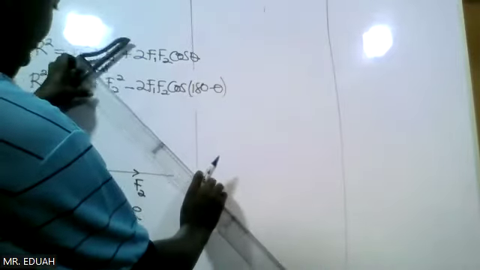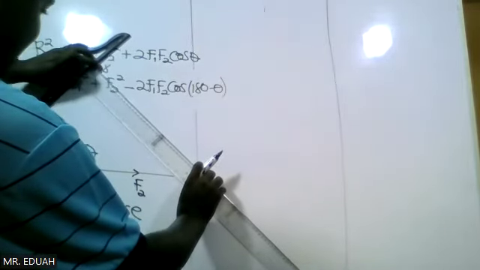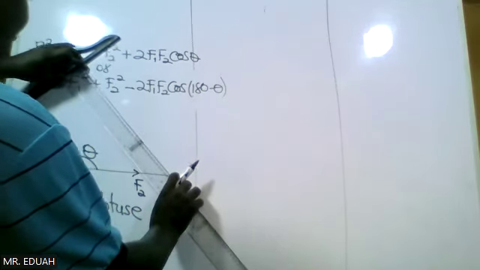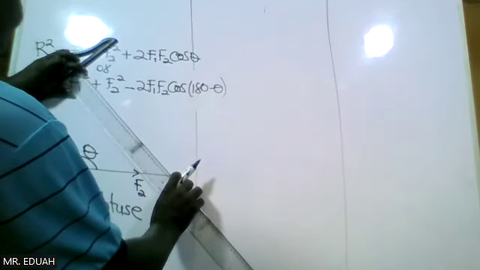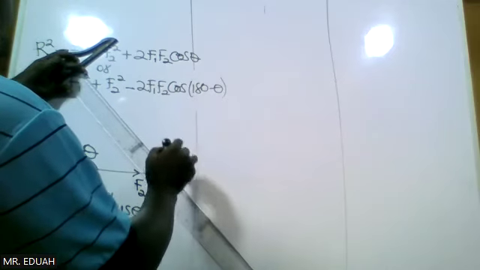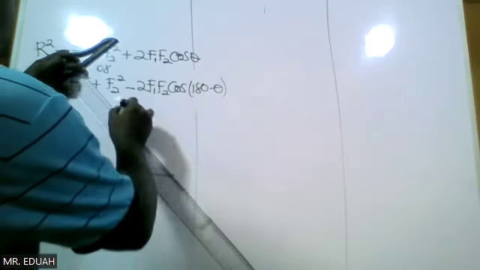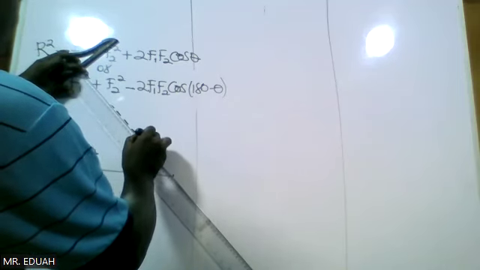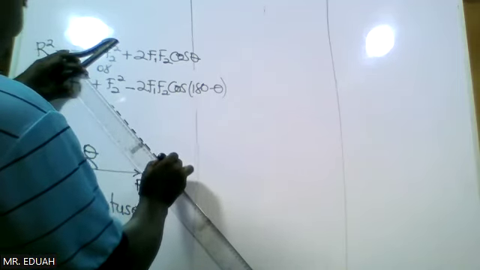So I'm going to draw equal vectors. Vectors are equal when they have the same direction, magnitude, and are parallel. So the equal vector of F1, I'm putting that on the head of F2.